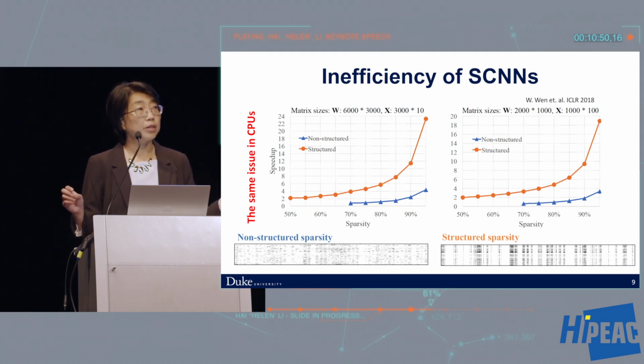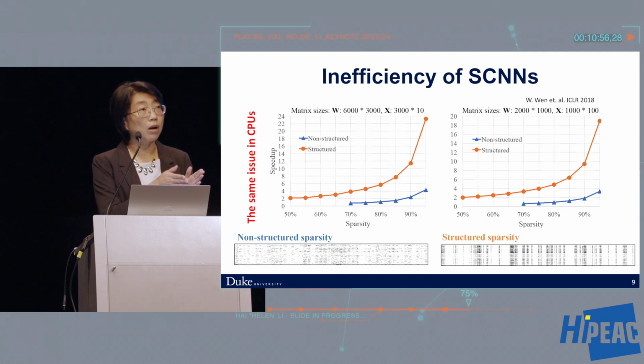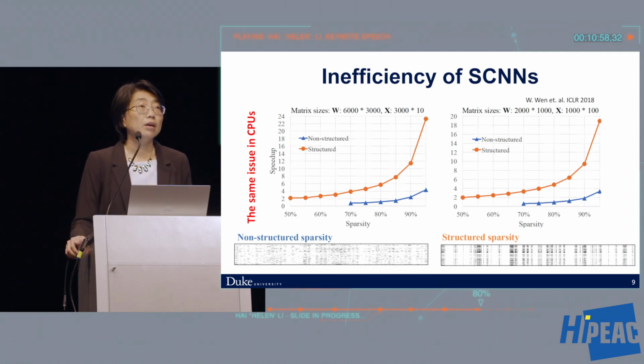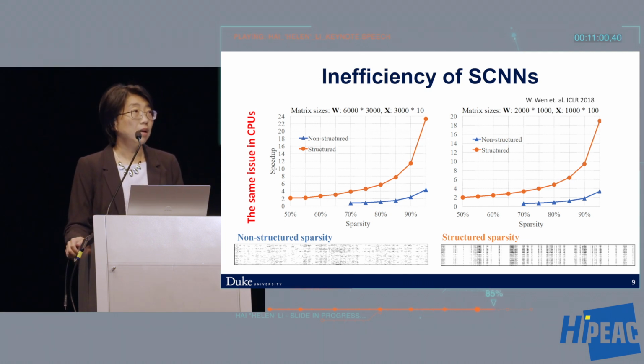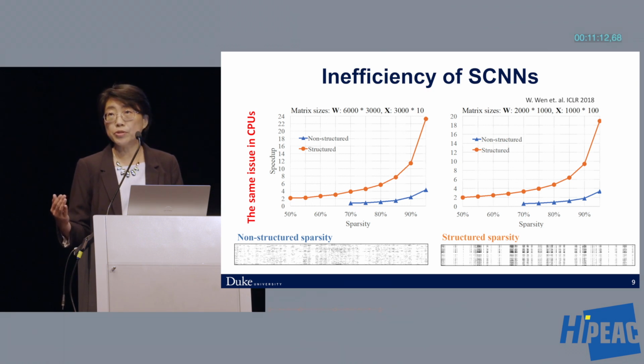With structured pruning, what we tend to do is remove entire rows or columns of data. Clearly, on the CPU executions, the structured sparsification has lower sparsification ratios, but the performance is much better than its counterpart.